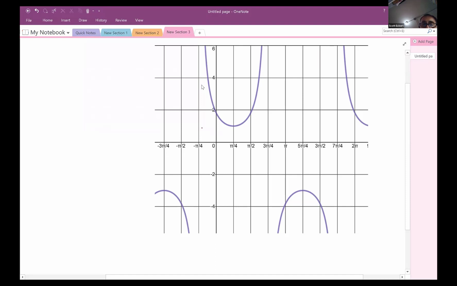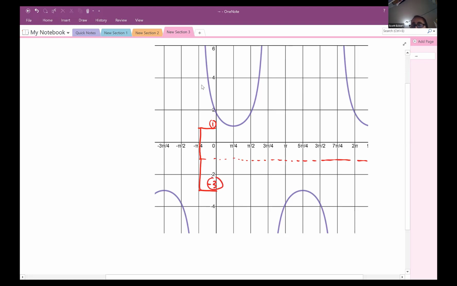We figured out the box, and it was shifted back. It's negative pi halves. And it started at 1, and the midline was at negative 1. And so the box went down, and it went down to negative 3. So we figured out the height of the box.